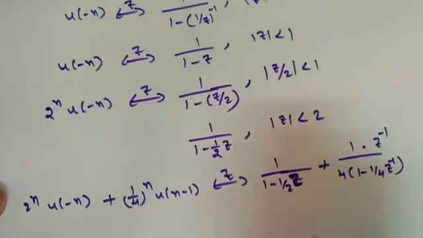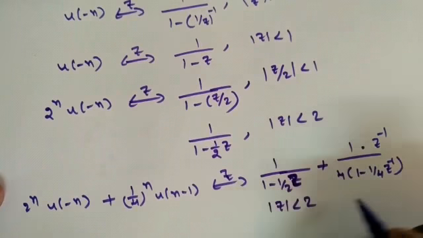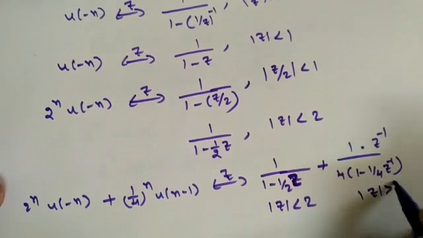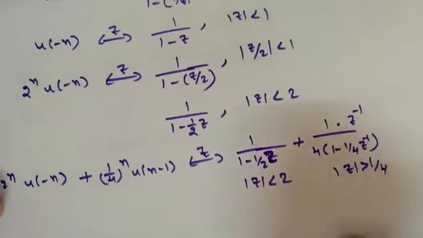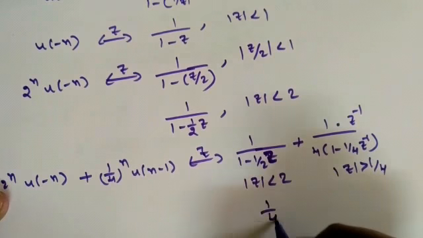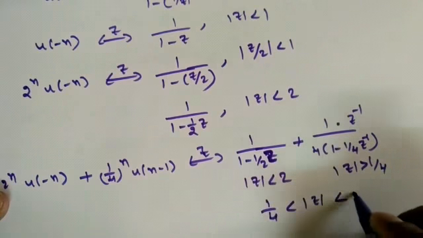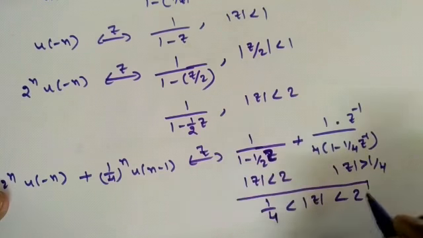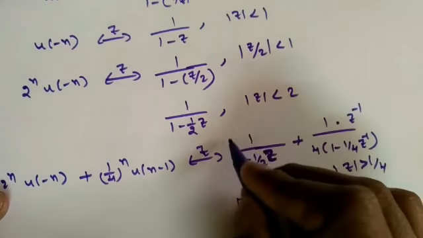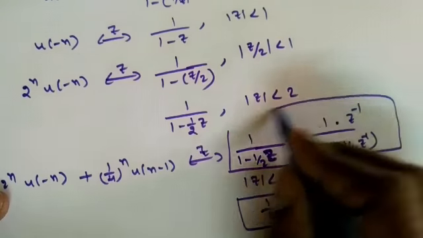And what are the ROCs? For this one it is less than 2, and for this one it is greater than 1 by 4. Now what is the common ROC? So 1 by 4 less than mod z less than 2. So this is the common ROC, and this is the z transform.